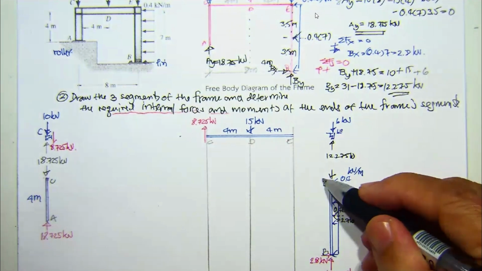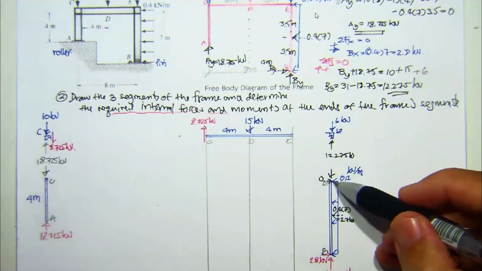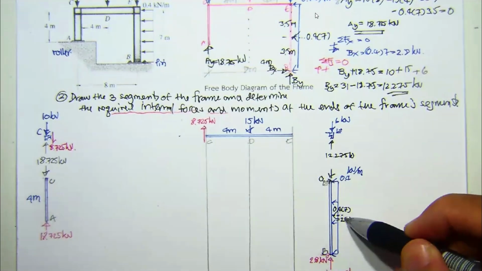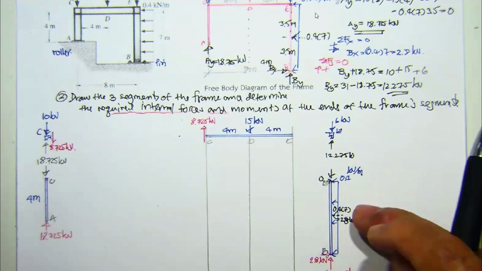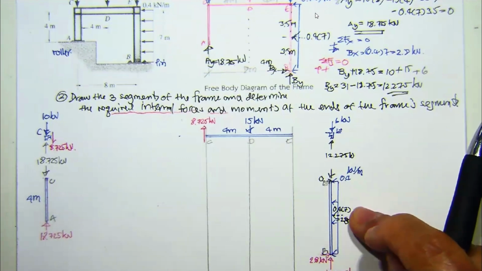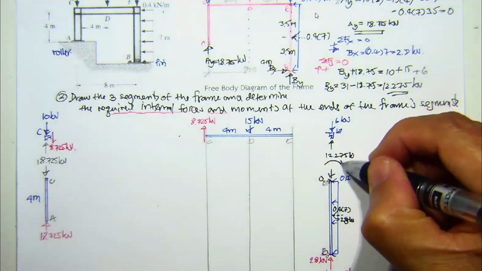So the shear over here gonna be 0. The shear over here should be 2.8, and this one gonna be 2.8. Then due to this 2.8 and this one, we are supposed to have the moment over here.